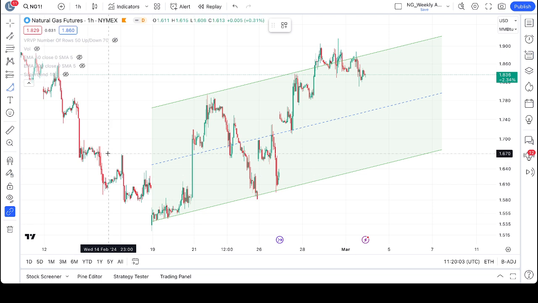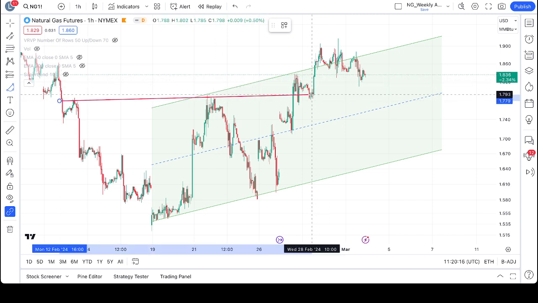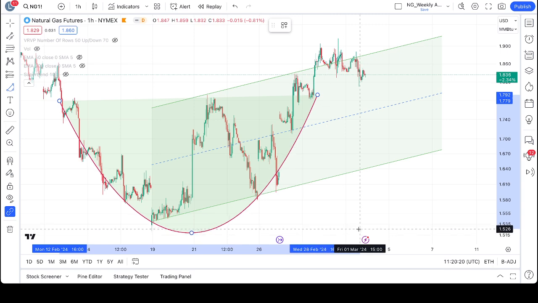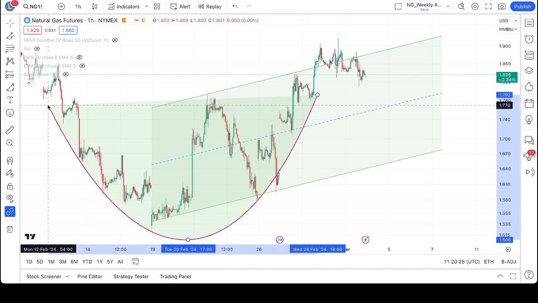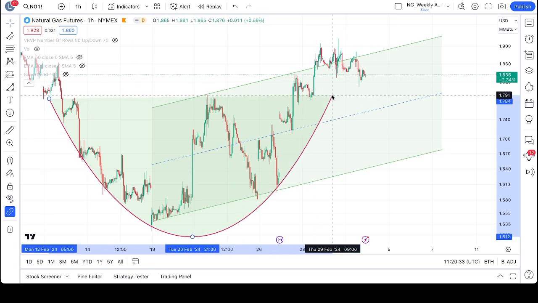I've taken the arc tool here, roughly around this area. So look at this.